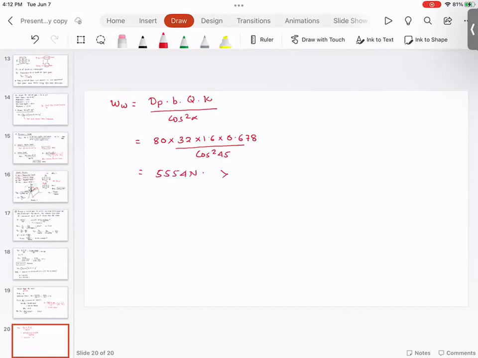This is greater than WD. So design is safe.